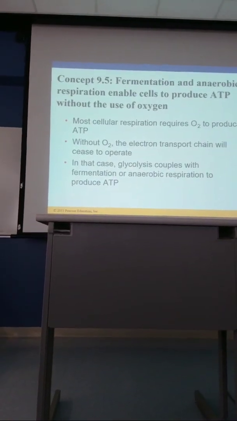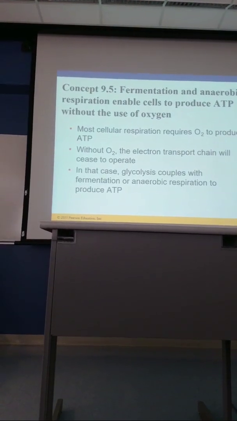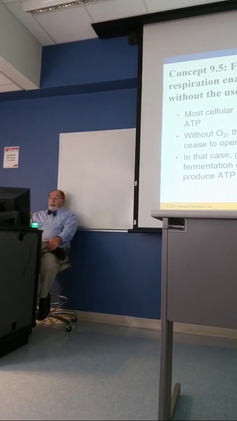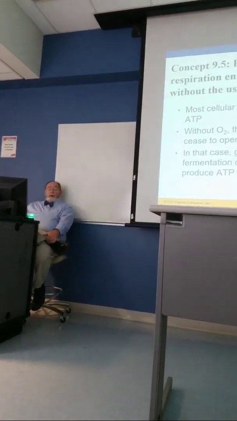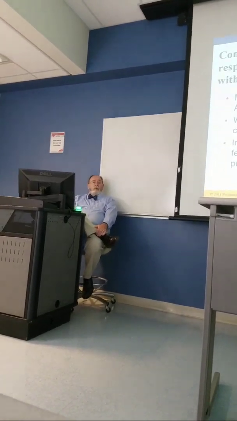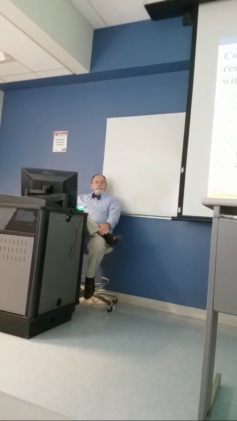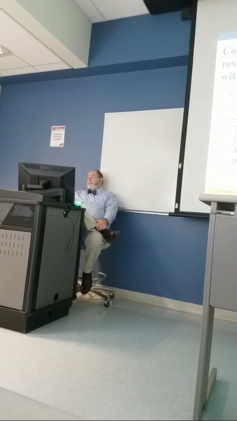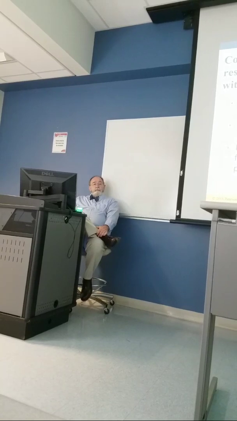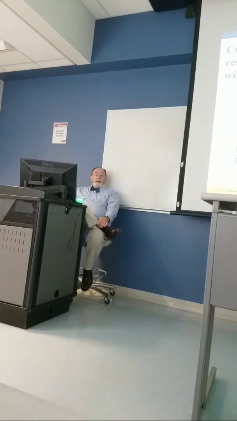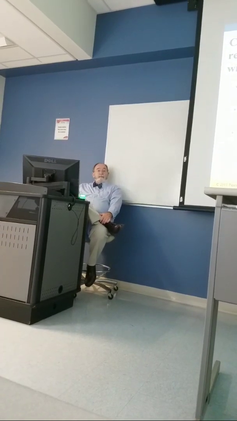Remember, the definition of a buffer is to resist a change in pH, so it wants it to stay at what's normal. And folks, once again, with these numbers, what's normal? What's normal blood pressure? I mean, temperature, 98.6. A lot of people out there at 97 do just fine.